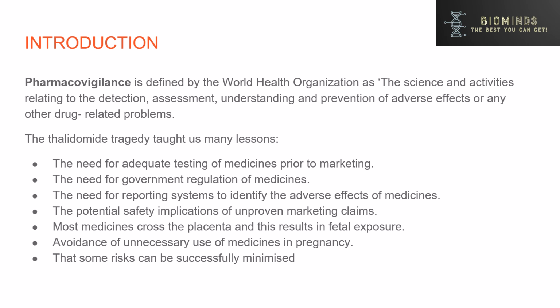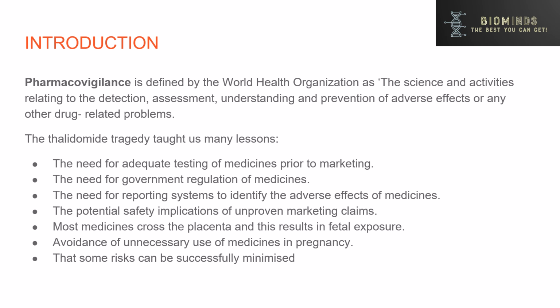So what are the lessons which we have learned from this thalidomide tragedy? The need for adequate testing of medicines prior to marketing. There should be proper research, proper testing should be done. The need for government regulation on medicines. There should be one government recognized authority that can control the activity of these trials.